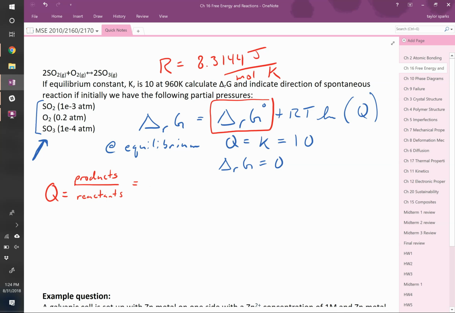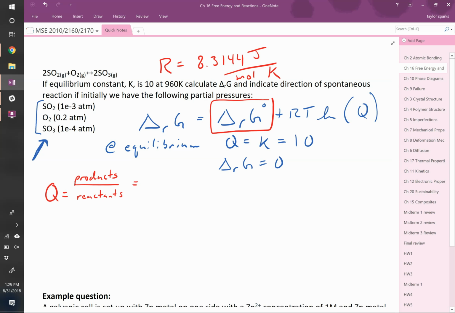Anybody stuck? Need help? What's up? I didn't follow what you mean. Okay, so I haven't given you delta RG naught, but normally if you need to solve for delta RG, you need to have the reaction quotient Q. So how do you solve for Q? I thought you said Q was 10. That's only at equilibrium.